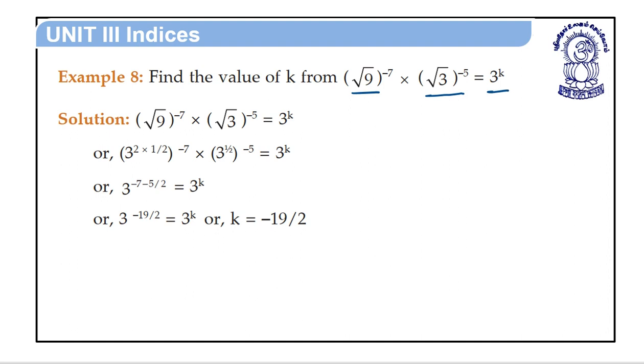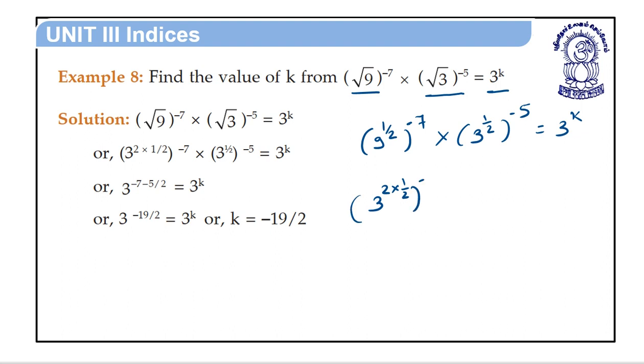Here we can write 9 raised to 1 by 2 minus 7 into 3 raised to 1 by 2 minus 5 is equal to 3 raised to k. 9 means 3 square, into 1 by 2, minus 7.